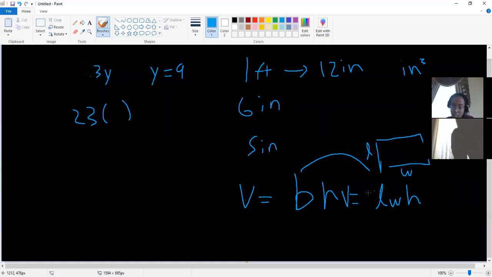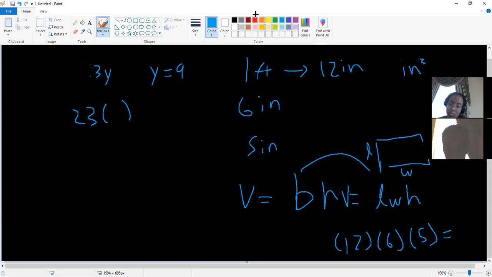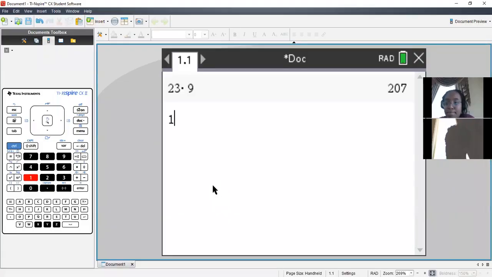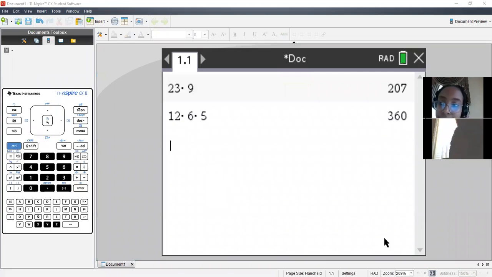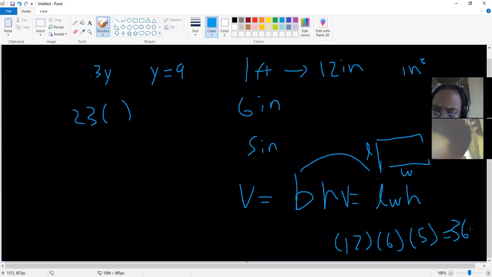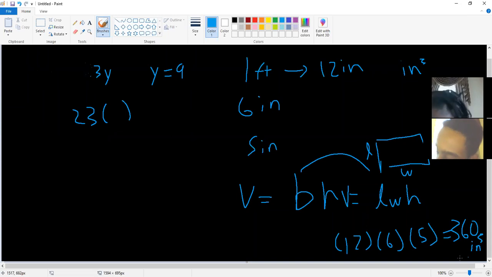That's how you measure volume. So using this, we can plug in all these values: 12 times 6 times 5. And this is 360 cubic inches.